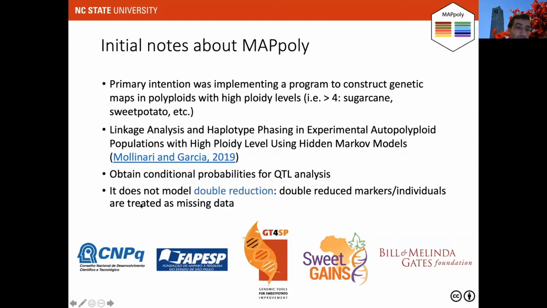Here we will not model double reduction, because as I said, we aim for high ploidy levels, and it's very complicated to model double reduction in high ploidy levels. So we will use MAPpoly without this feature.